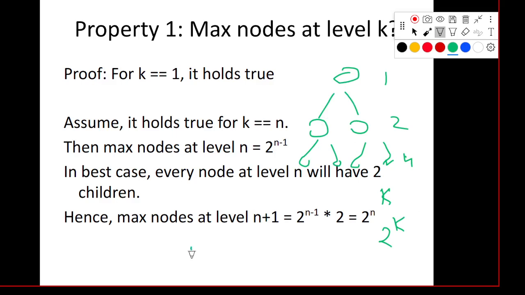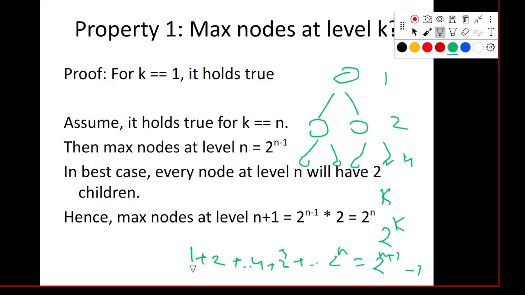And if you consider mathematics, 1 plus 2 plus 4, that means 2 raised to 2 plus 2 raised to 3 plus up to 2 raised to n, that comes to be 2 raised to n plus 1, possibly minus 1. So basically, the total number of nodes in the tree is just one more multiplication with 2 roughly.